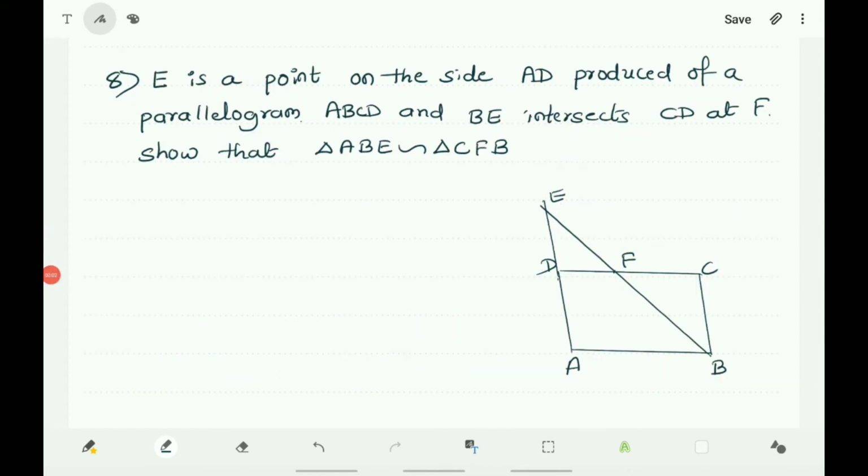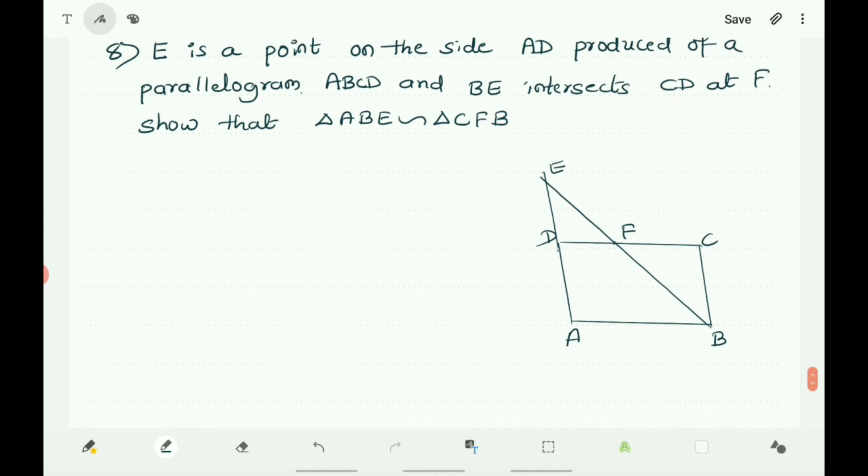Take question number 8. E is a point on the side AD produced of a parallelogram ABCD, and BE intersects CD at F. Show that triangle ABE is similar to triangle CFB. See the question and the figure.